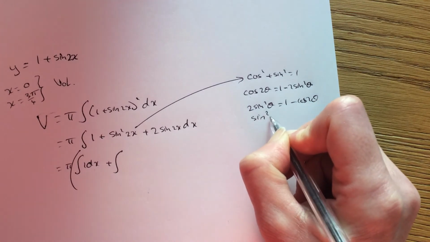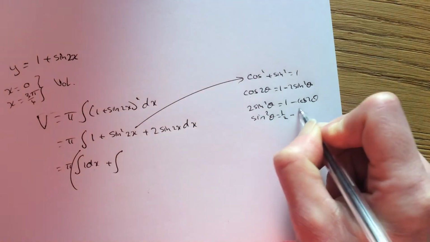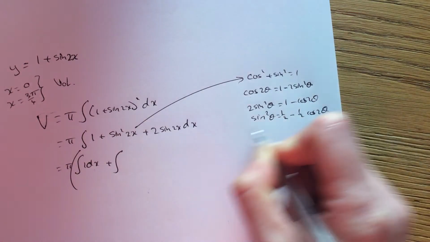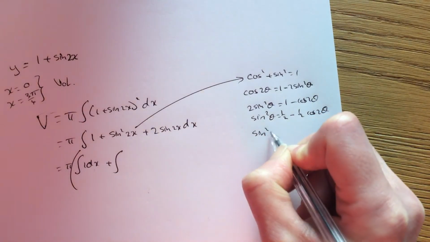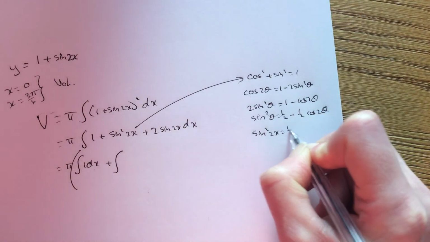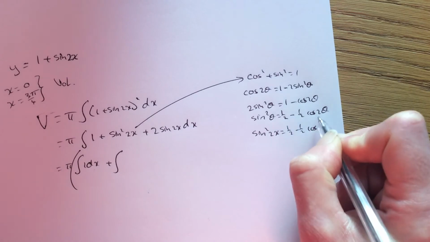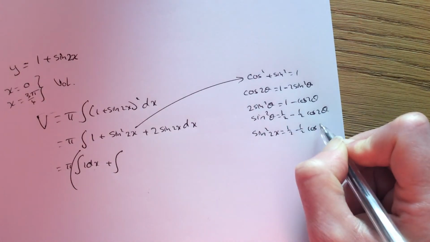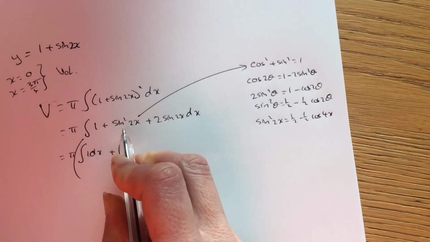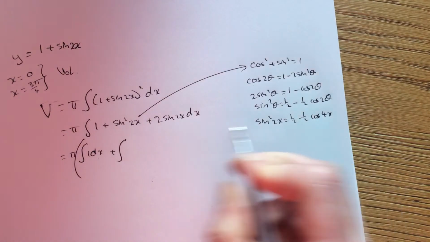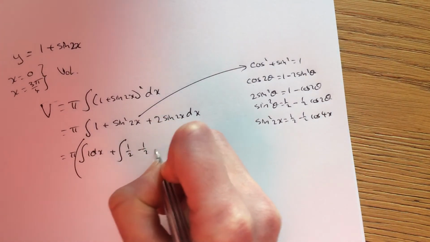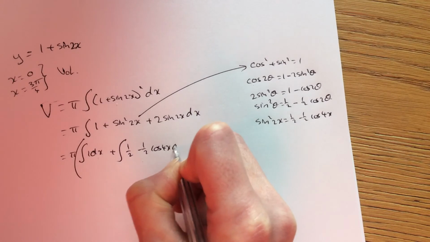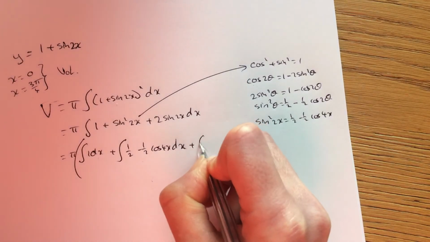So sine squared theta is the same as a half minus a half cos 2 theta. In my case, I have got 2x. So it's a half minus a half cos 2 times my 2x is 4x. So I'm going to write my sine squared like this, because that has got rid of the actual squared bit, which makes it a lot easier to integrate.